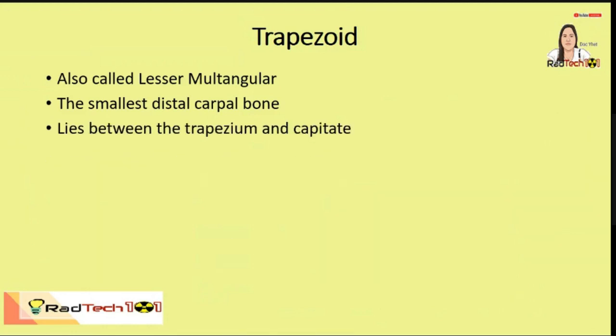So, next we have the trapezoid. So, the lesser multangular. The smallest distal carpal bone is trapezoid. The smallest carpal bone, if hindi na-mention yung distal, the smallest carpal bone is the pisiform. But if we say the smallest distal carpal bone, that is your trapezoid.